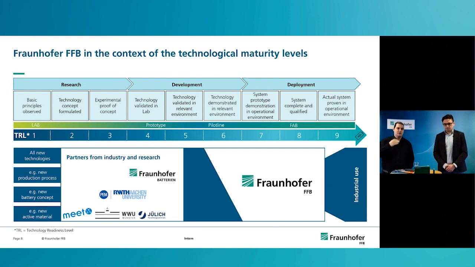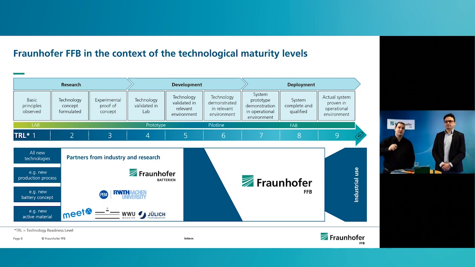And then we use the Fraunhofer FFB as a scaling partner, going from the mid TRL levels to the high TRL levels, enabling all the industry partners to use it in a proven environment, also at scale, and not only, for example, at small speeds for the machines, but on real large-scale, high-speed machines for mass production. So this is our special area we are working in.